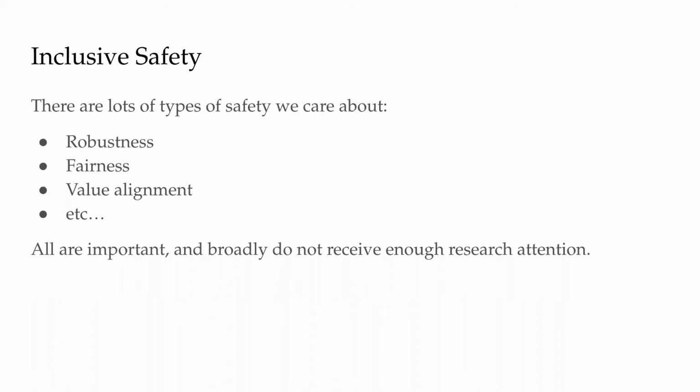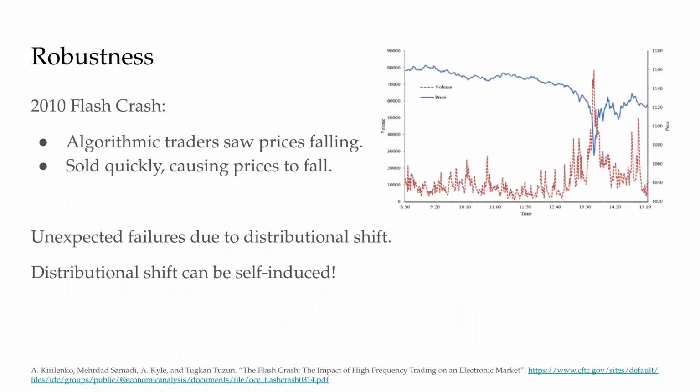Yeah, so we'll briefly cover some things which should definitely count as safety, but are not going to be the focus of this talk. We have robustness, that is the ability for AI systems to resist unusual circumstances, perhaps is a way to put it. This is already well defined in the literature in various ways, and there are various approaches to it. I'm just going to point out a safety failure here, which is the 2010 flash crash.